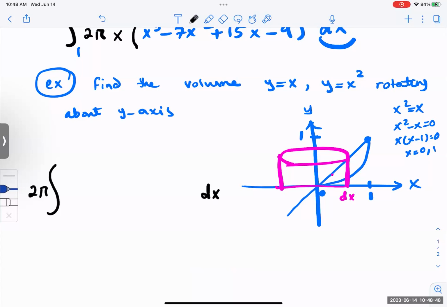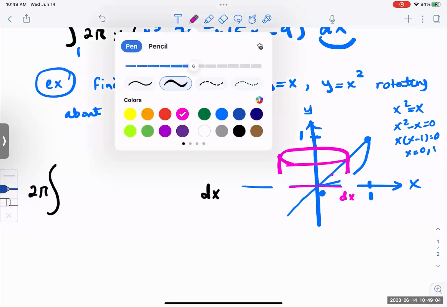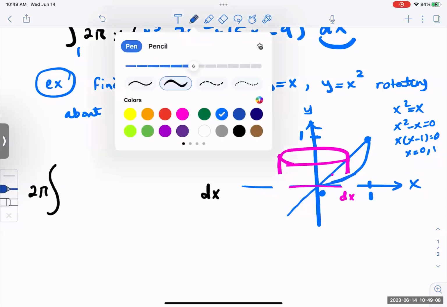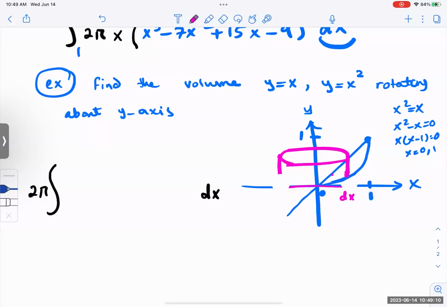Okay, then what else? Let me make my picture a little bit nicer with the pink one. This cylinder has to be exactly on my curve because I'm adding all these things. In this case, it's two graphs, so make sure.